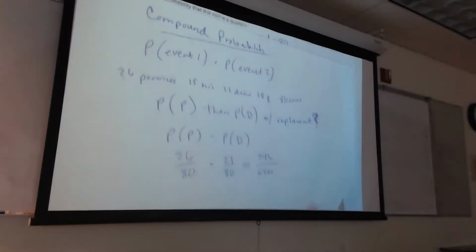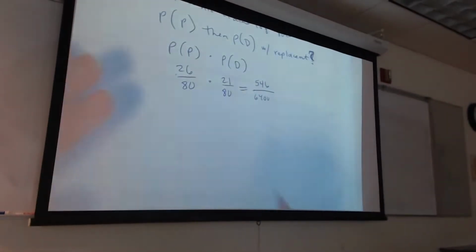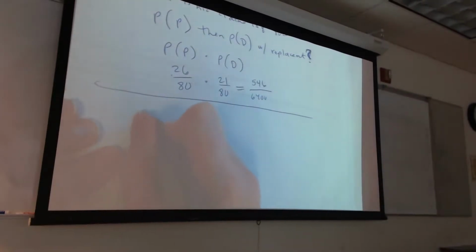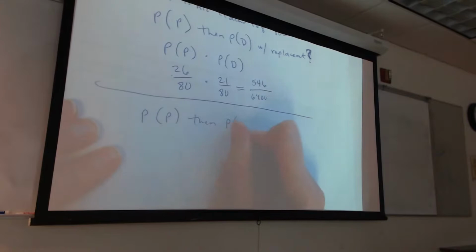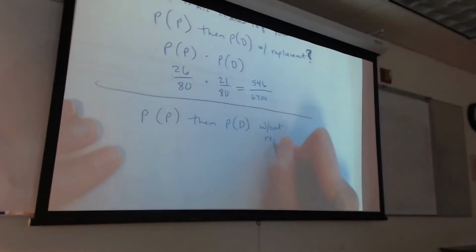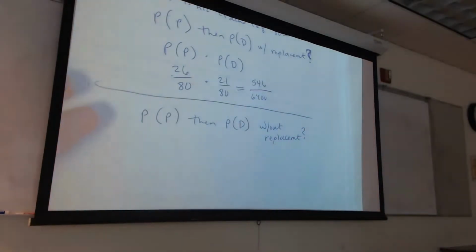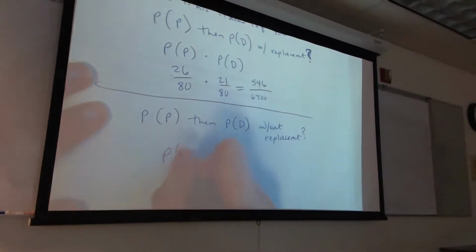Now, let's do the same thing. Probability of a penny, then a dime, without replacement. So now, it's still the probability of a penny times the probability of a dime.